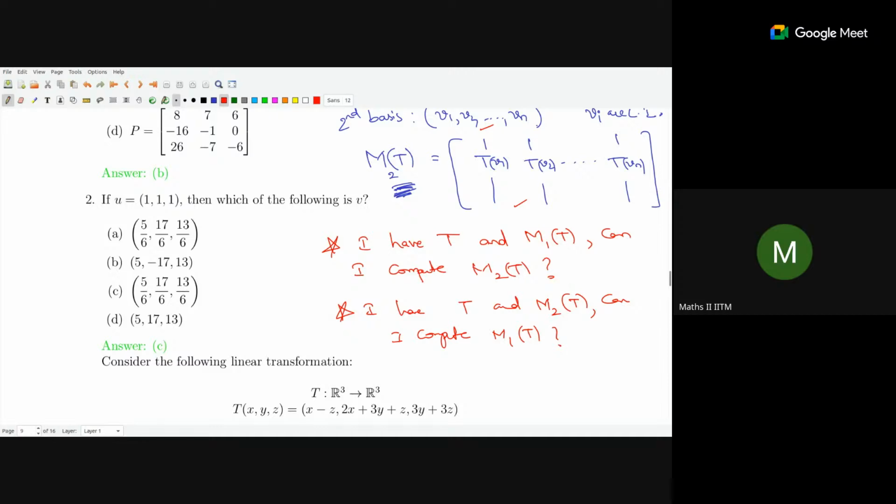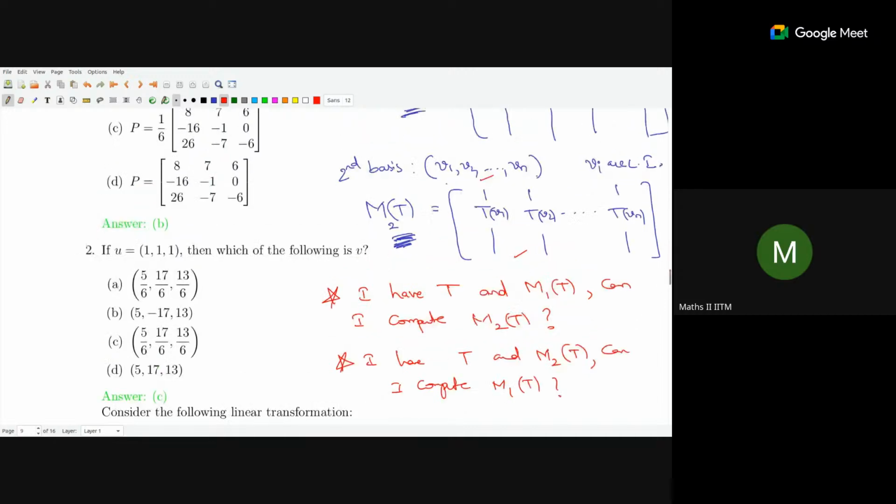So let's say this is the basis you considered, which is not canonical. Canonical to another basis is widely used, but you can also go from one basis to another basis, which is an extra step to the canonical basis.